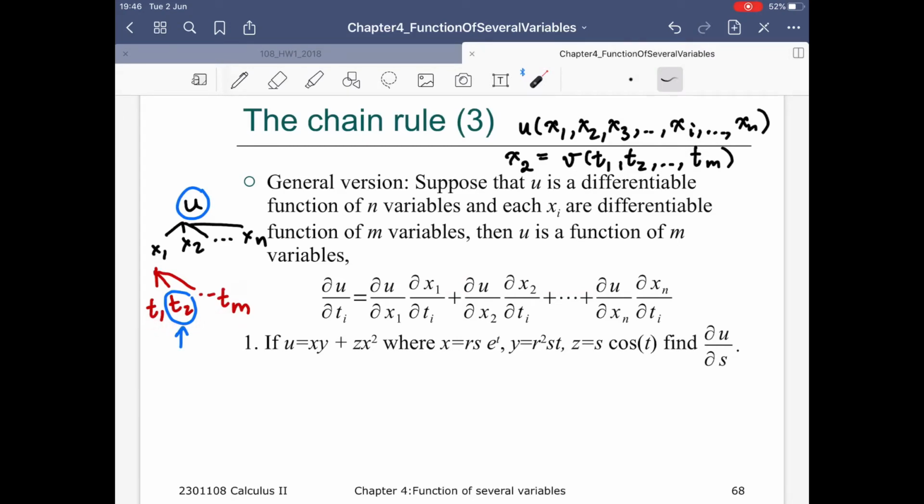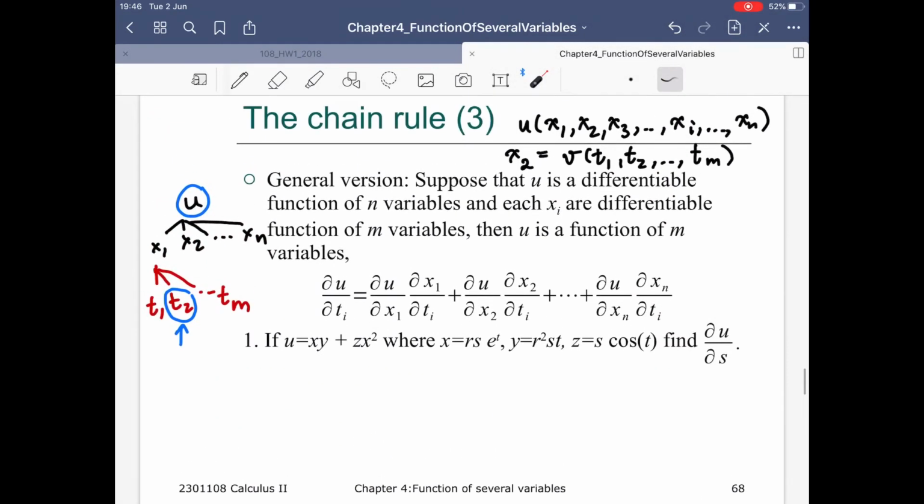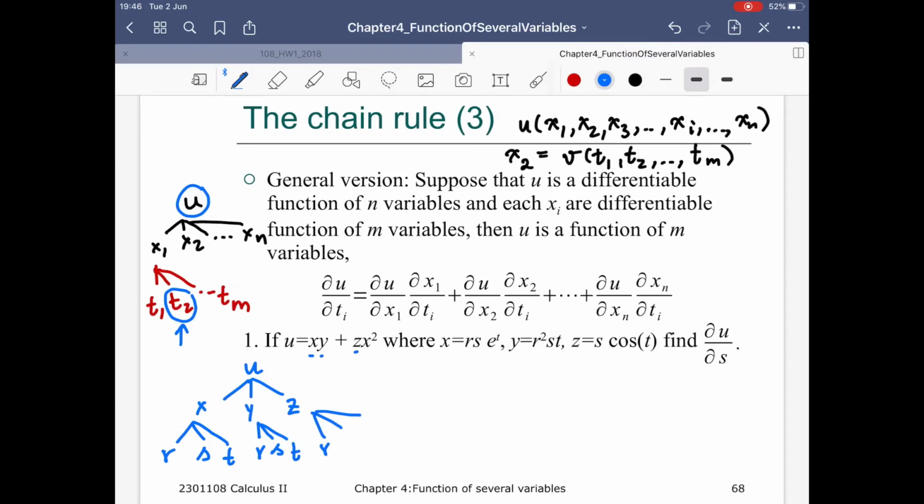All right, so let's look at this example, and it will be better if you really draw a diagram. So your u is a function of x, y, z, and then your x is a function of two variables r and s, and three variable t. Your y is also r, s, t. Your z is also r, s, no r. Okay, it's okay.